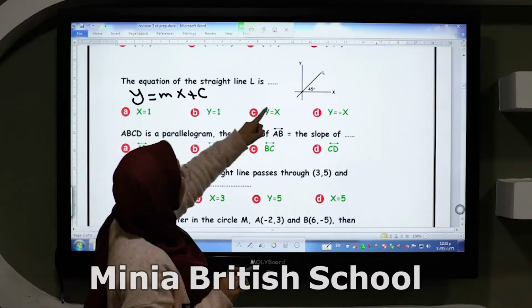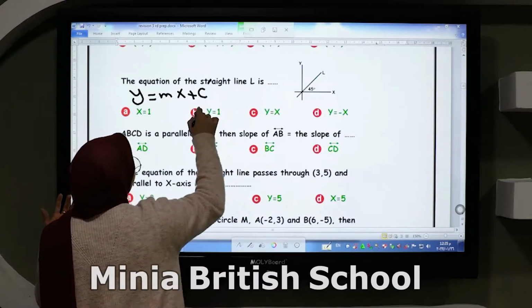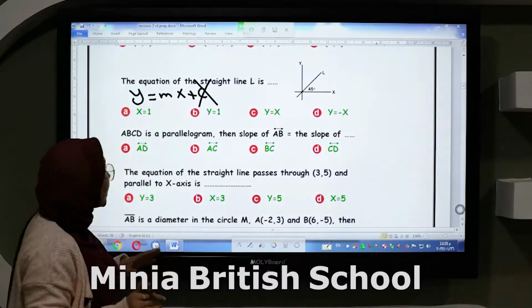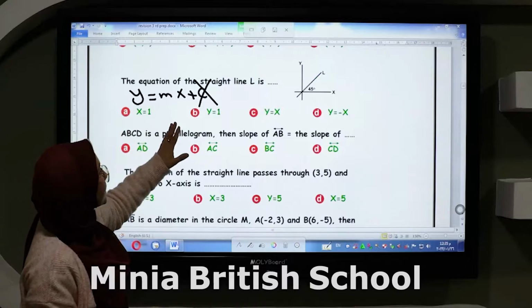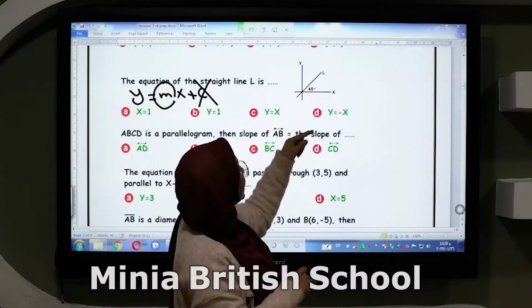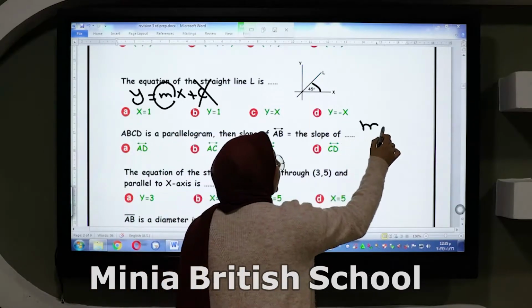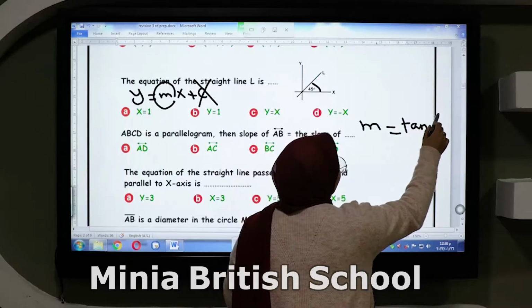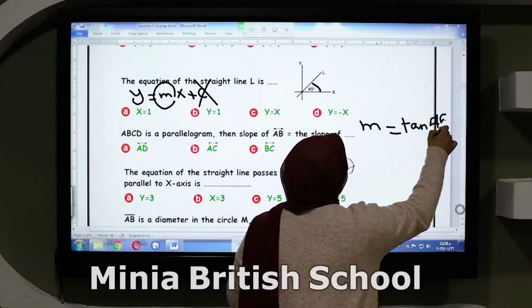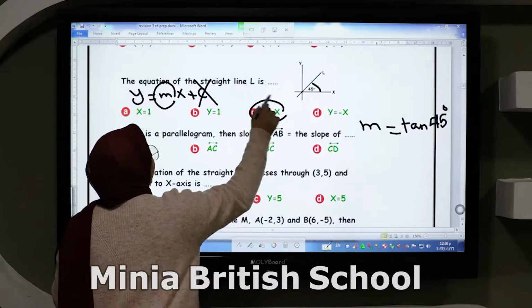But this is a straight line passing through the origin point, so we didn't have c, okay? So y equals mx. M here is the slope. This is a straight line with theta equal 45. So the slope equals tan 45 equals 1. So y equals x.